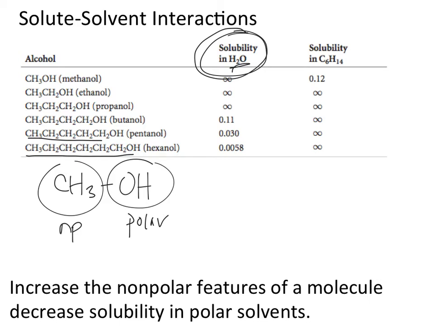On the flip side, as the nonpolar chain portion of the molecule increases, the solubility in nonpolar solvents is going to increase. So we can't just automatically assume that we're going to have solubility just because we have a specific type of group that confers a region of polarity. We do have to look at the overall molecule.